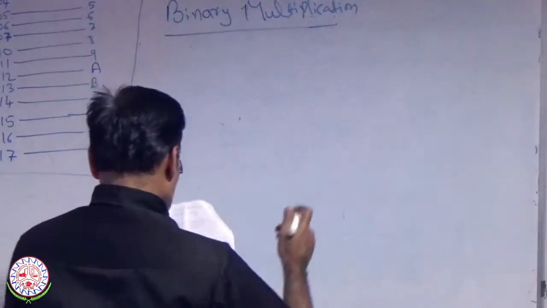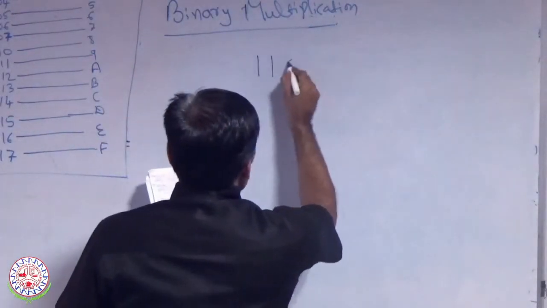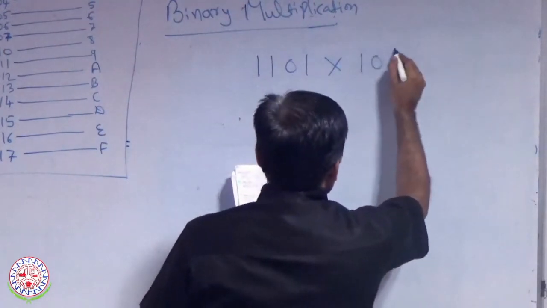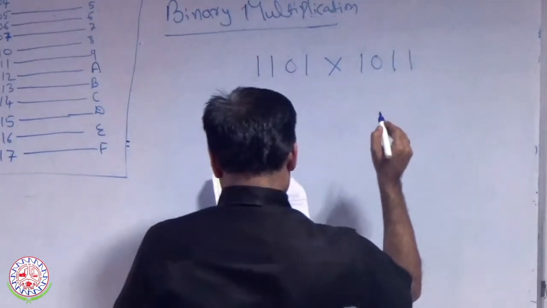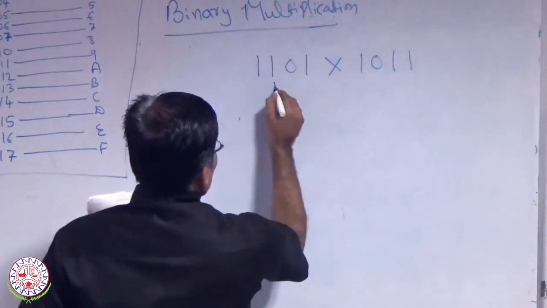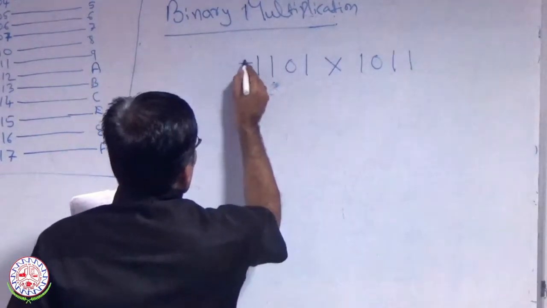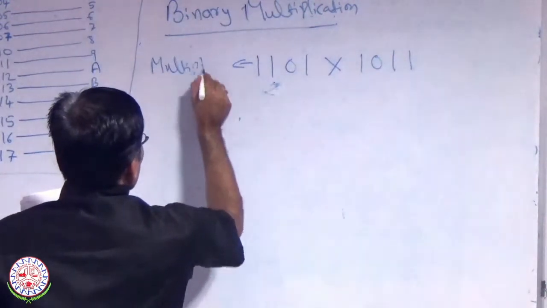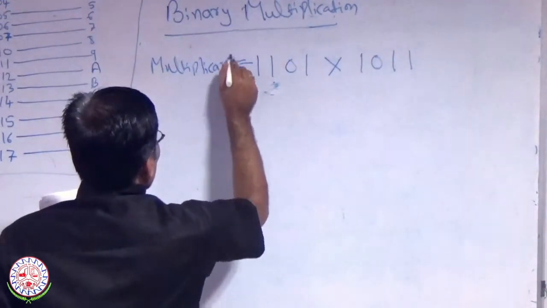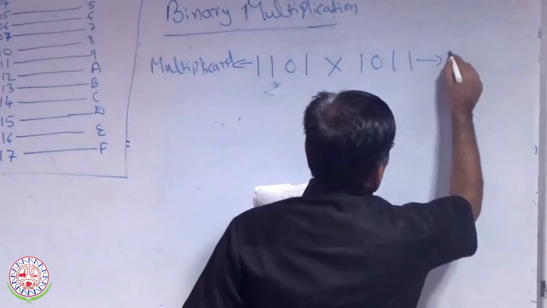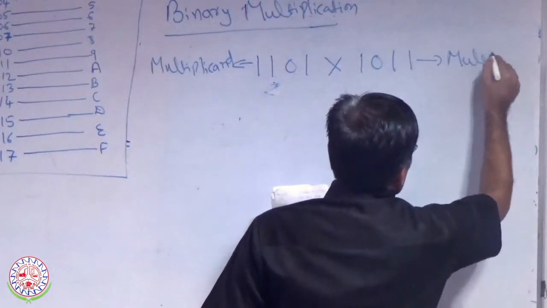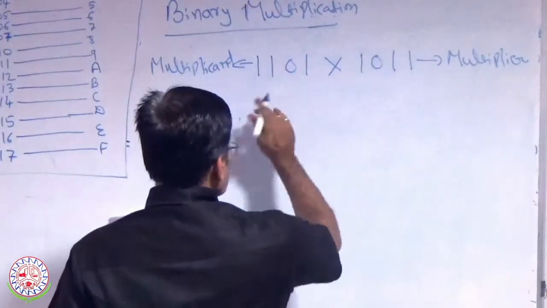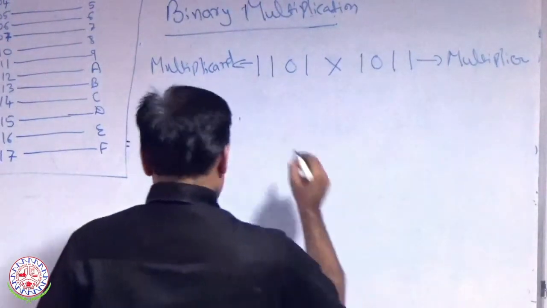So consider the number 1101 into 1011. This is known as the multiplicand, and this is our multiplier. Whatever result you get is the product.